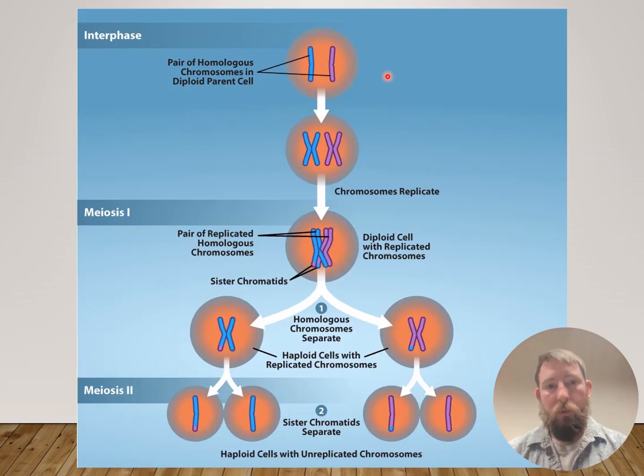I already walked through what's going on at the cellular level, but I want y'all to understand that distinction: meiosis produces four gametes, four sex cells, either sperm or eggs, and each one of these cells has a chromosome only from the mother or from the father for each of the chromosomes present in the animal. So we would have 23 for us, whereas our main body cells would have 46 chromosomes.